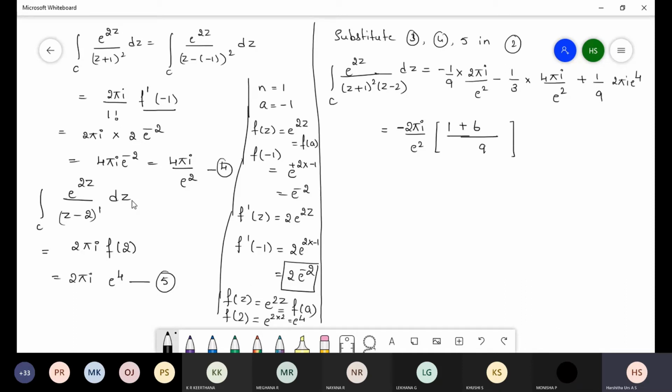Last term 1 by 9 2 pi I e power 4 I will write outside. So again here 6 plus 1 is 7, 7 twos are 14. So 14 pi I divided by 9e square plus 2 pi I e power 4 divided by 9 as it is. This is the solution of the problem.